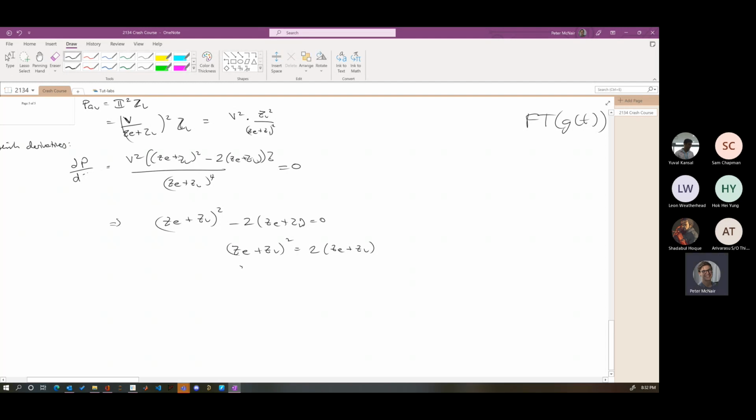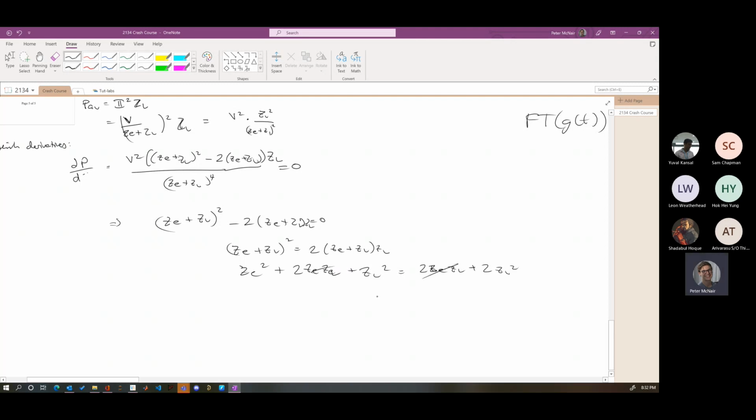I beg your pardon, I missed a ZL up here, multiplied by ZL. So ZE squared plus 2ZE ZL plus ZL squared is equal to 2ZE ZL plus 2ZL squared.